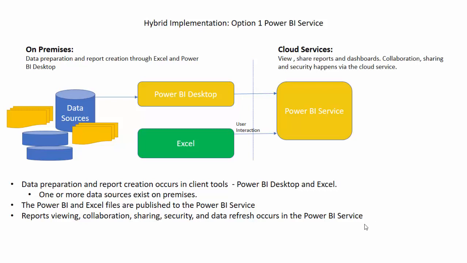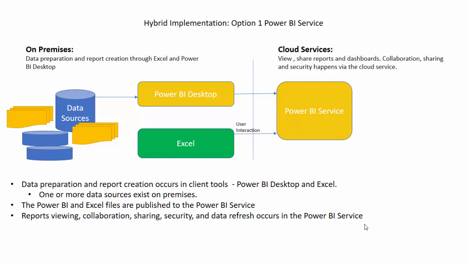So the first option is that we've got the data sources and we connect to all these data sources using Power BI Desktop or Excel. These data sources could exist on premises or they could exist in the cloud. And once we've built our reports, we publish them onto the Power BI service. And we schedule all our data refreshes, security, and sharing through the Power BI service.